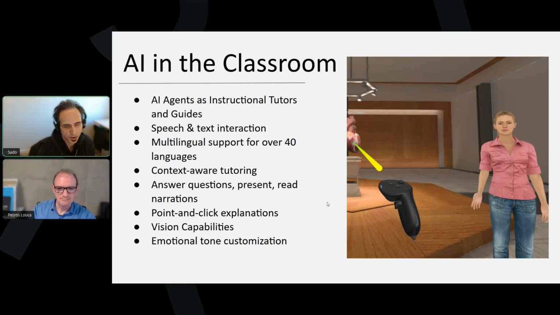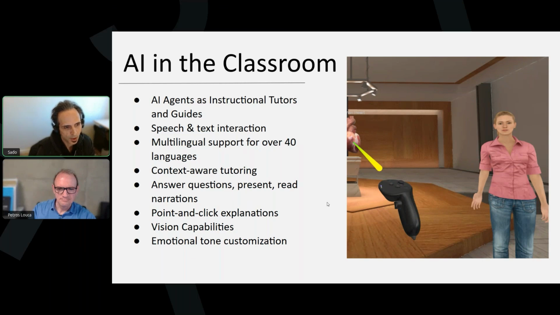So you can, for instance, feed it your learning material, PowerPoints, images, text files. It's pretty simple to build up the knowledge so that the AI agent understands what it's tutoring, and then it can answer questions and present. It can also read narrations that you want it to read alongside certain slides.